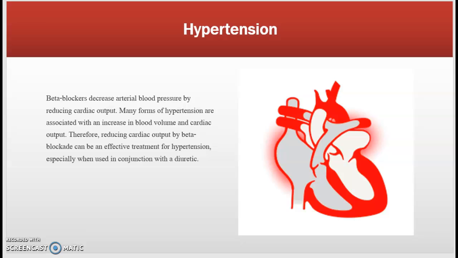Many forms of hypertension are associated with an increase in blood volume and cardiac output. So by reducing the cardiac output by beta blockade, it results in an effective treatment for hypertension, especially when used in conjunction with a diuretic or an ACE inhibitor or an angiotensin blocker.